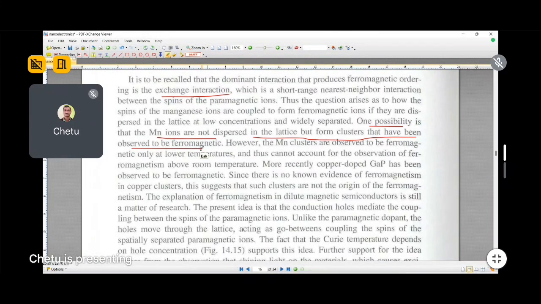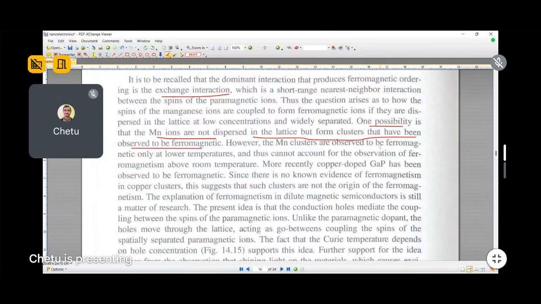Also, when the manganese is dispersed in the material using a sintering process, the manganese forms clusters, and these clusters may have different sizes. And then the size-dependent magnetic property is given to the particular semiconductor. So this way, it tries to solve the issue that the cause of the magnetic property in the semiconductor is because of nanostructuring of the material. Okay.